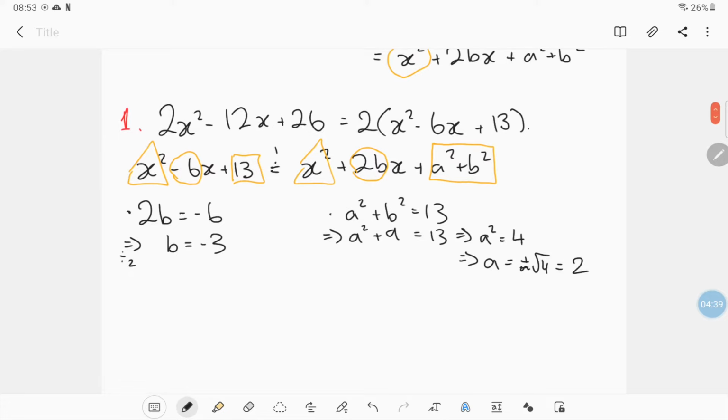So what do we have? We have 1 over 2x squared minus 12x plus 26 dx. We took out a common factor of 2 from the bottom.